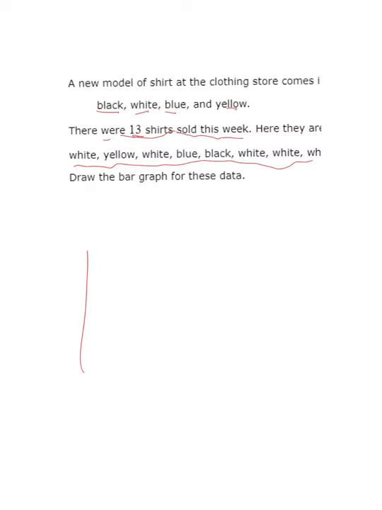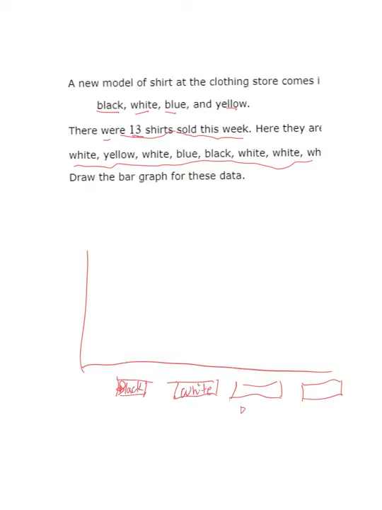Okay, so you're going to have something down here where you're able to type in or select what goes down here, right? Which in our case is going to be things like black, the colors of the shirts, white, blue, and yellow.